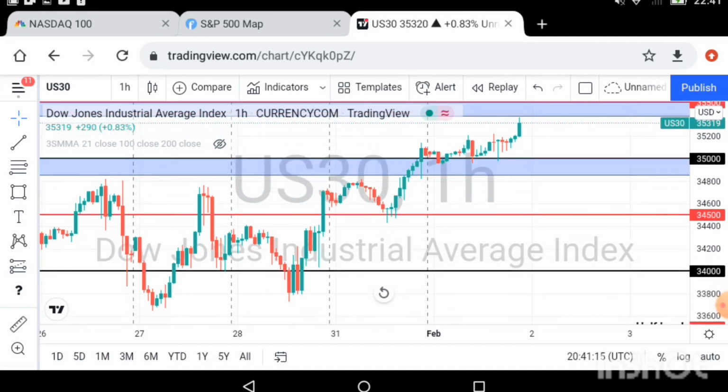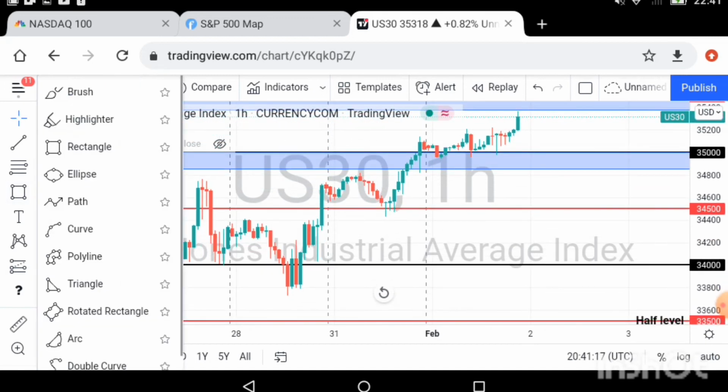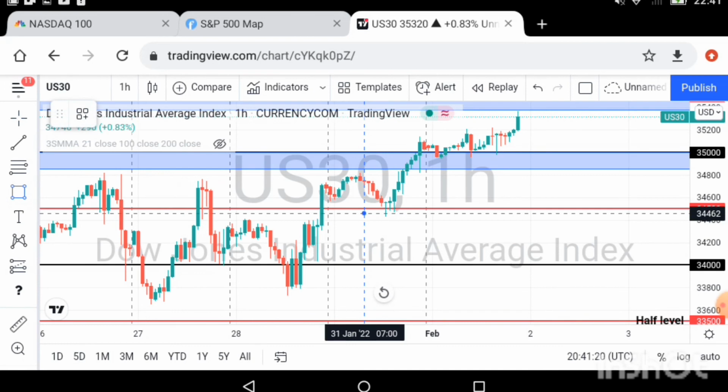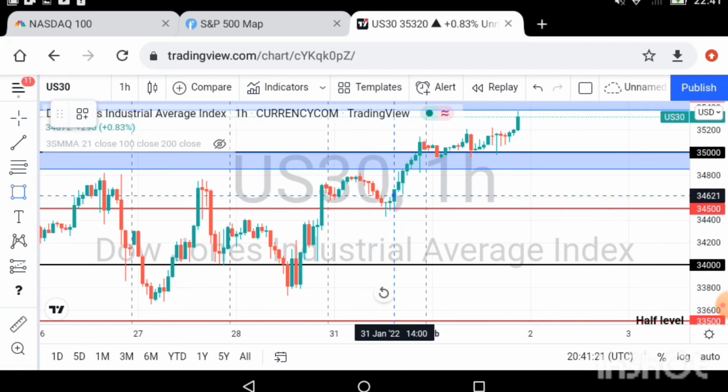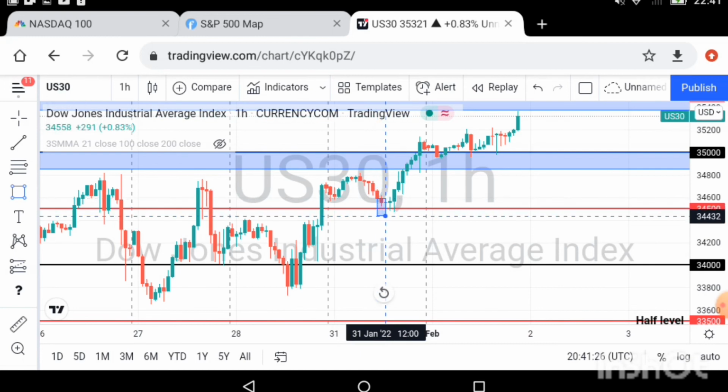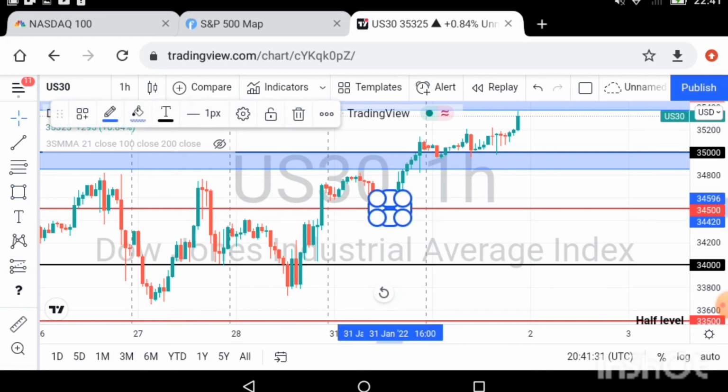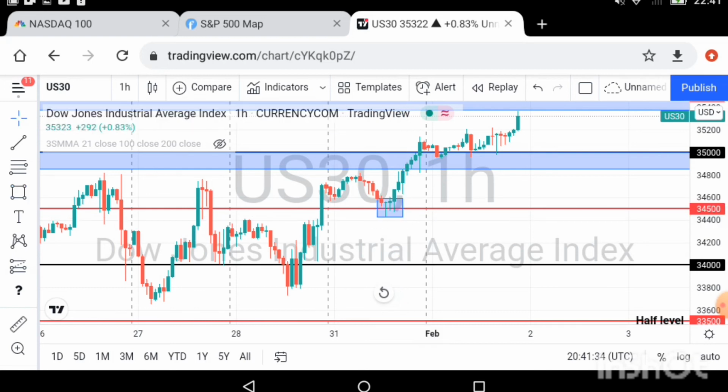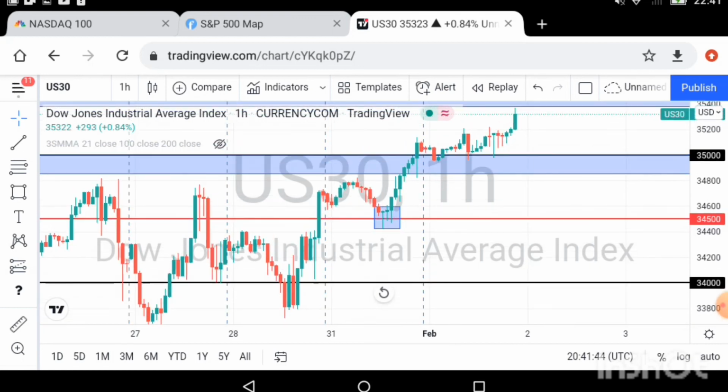But you know that we are on an uptrend. This is your lower low here, and at the same time it's a level sitting on a major half level. This is market structure. I'm sure you understand market structure.